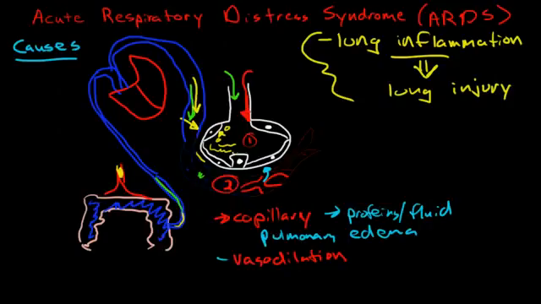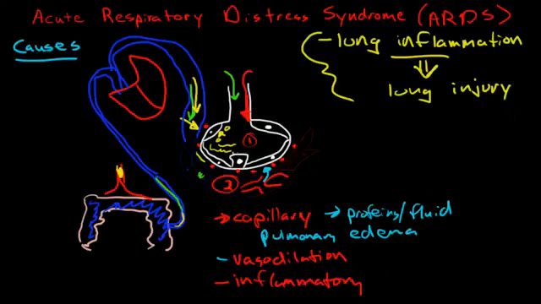And then we're going to end up with an entire inflammatory cascade. So we're going to have neutrophils coming to the area, and the neutrophils are going to escape the capillaries and embed within the tissues here. And we're going to have basophils and mast cells and lots of cytokines, and we're going to end up with severe inflammation.